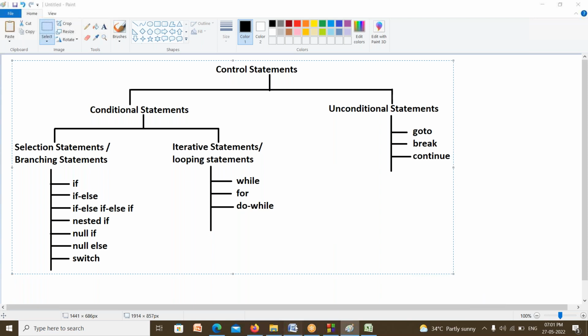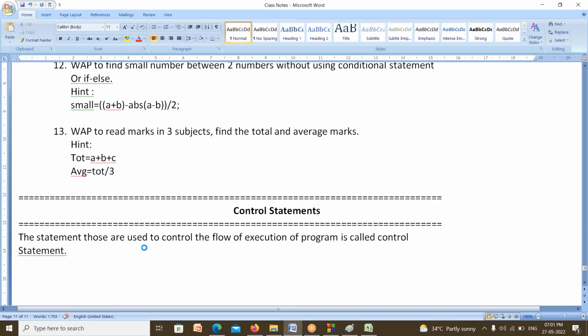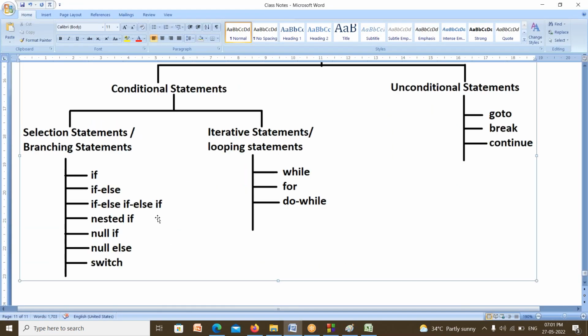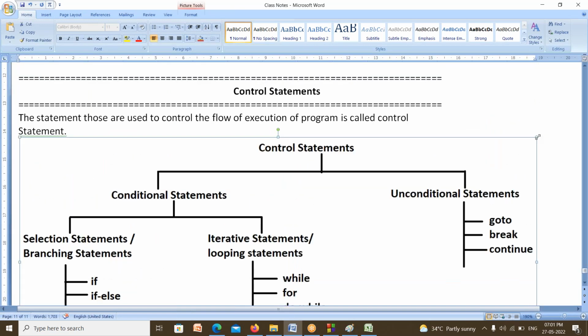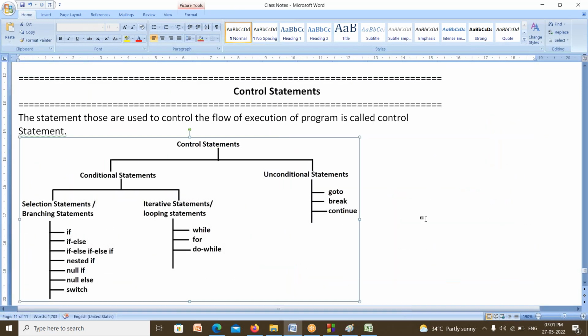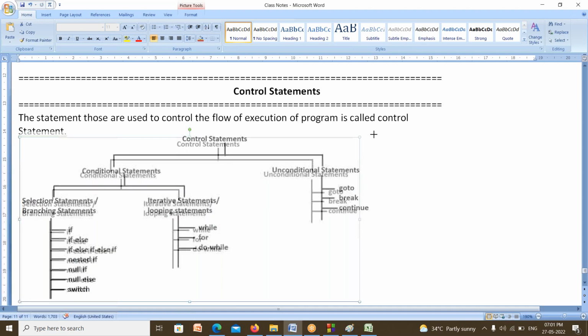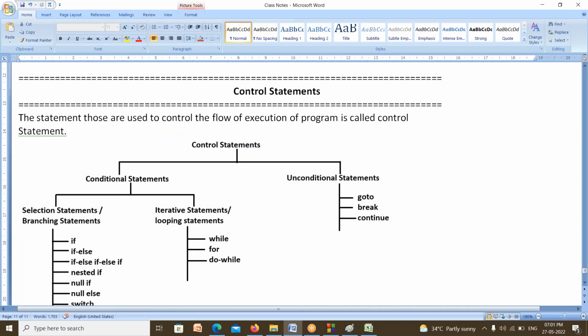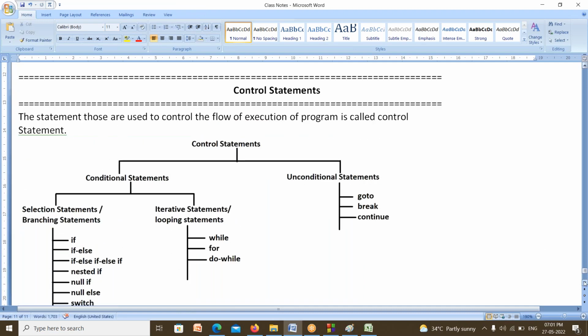Copy this diagram and paste it. Note this diagram.